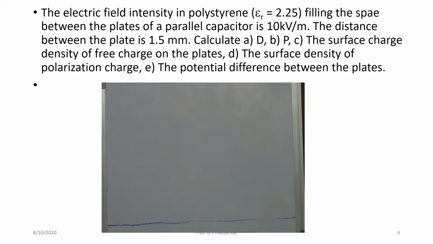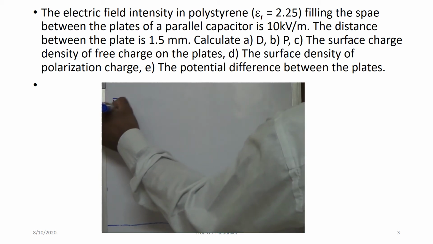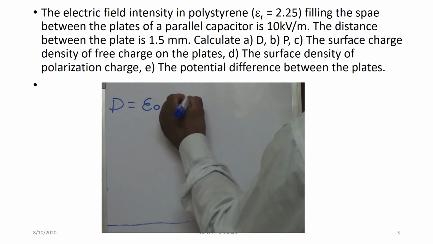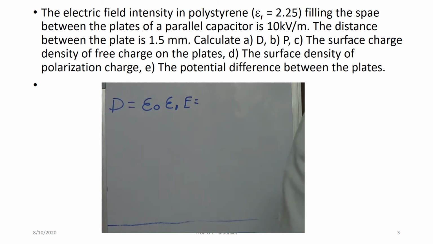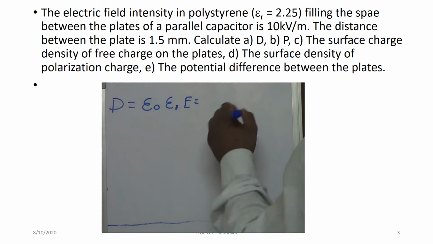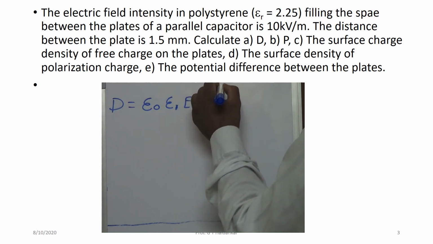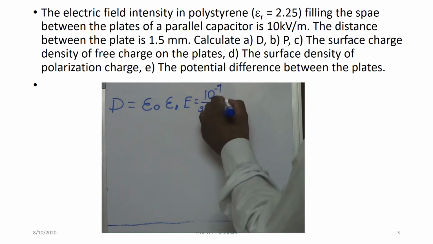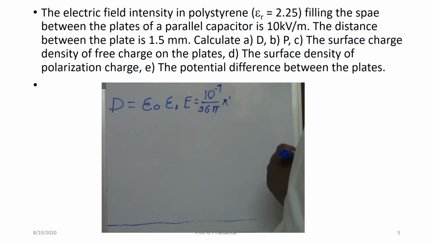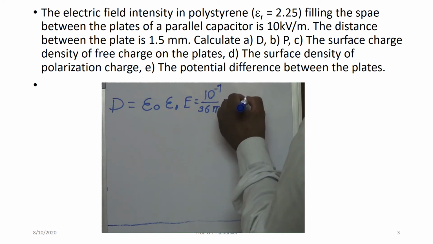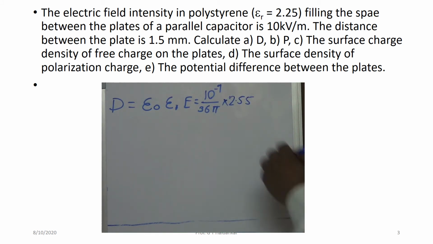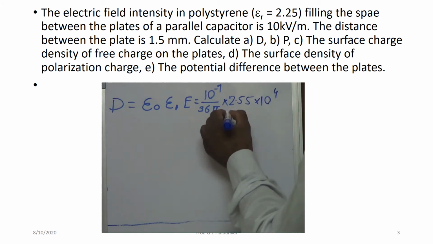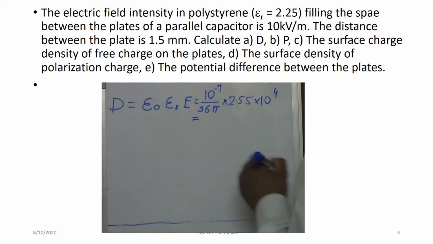So here first we require to find D. D is equal to, the general formula is epsilon 0 epsilon R E. So put the values, and you will get: epsilon 0 we can write as 10 raised to minus 9 upon 36 pi, then into epsilon R, which is 2.55, into 10 raised to 4, that is E. So the answer is 225.4.